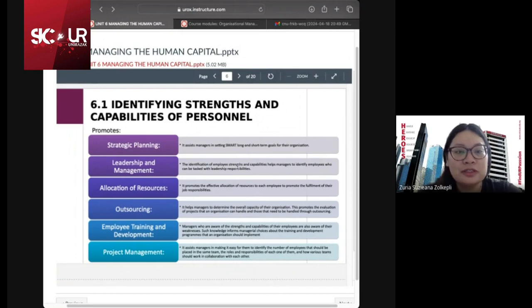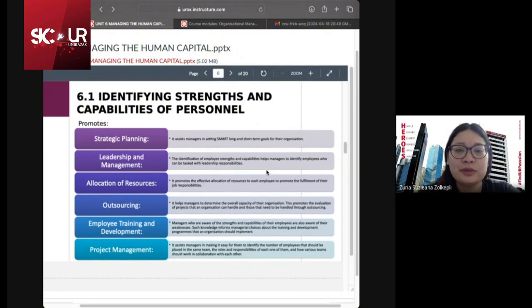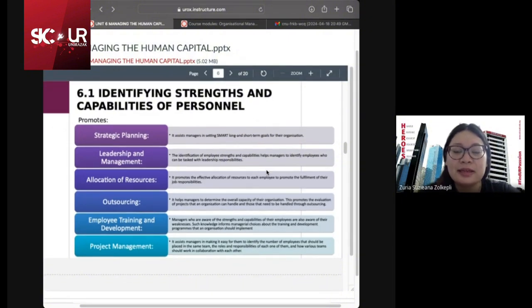Then, in terms of leadership and management, if you know the employees' strengths and capabilities, it can help managers identify who can be taught leadership responsibility. It will be easy for you to coordinate, to give authority, or to identify the perfect person for any task required based on their capabilities.